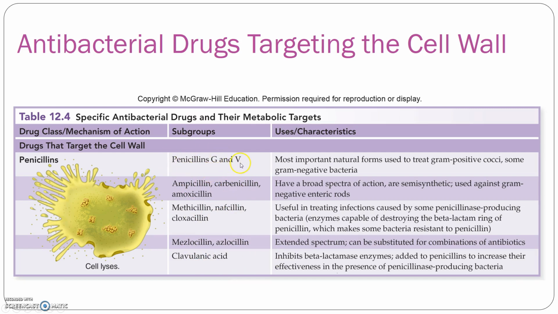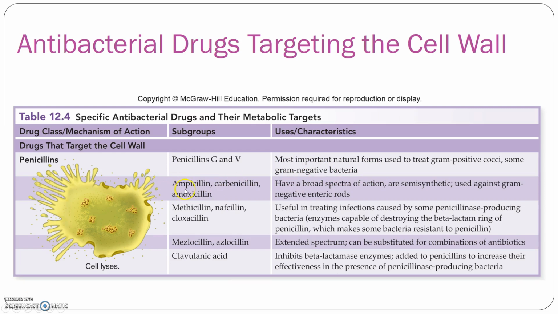Penicillin G and penicillin V are the most natural forms. They're mainly prescribed because they are very effective against the gram-positive cocci, but they have some effect on gram-negatives as well. If you recall, gram-negatives also have a cell wall, so they can be effective against those.